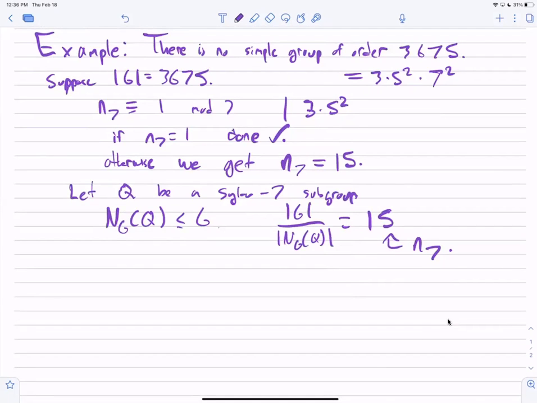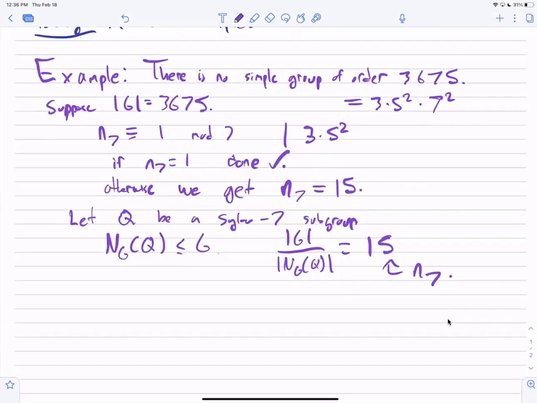So that means the order of the normalizer of Q in G is equal to 5 times 7 squared.